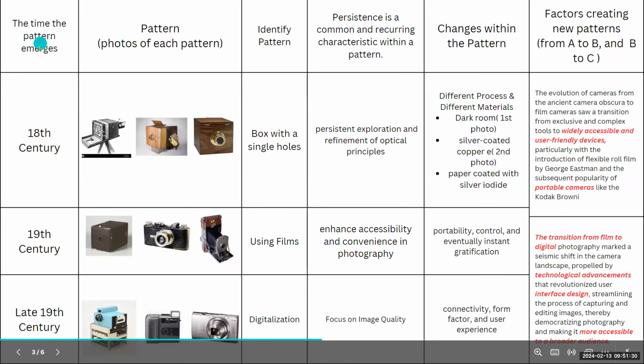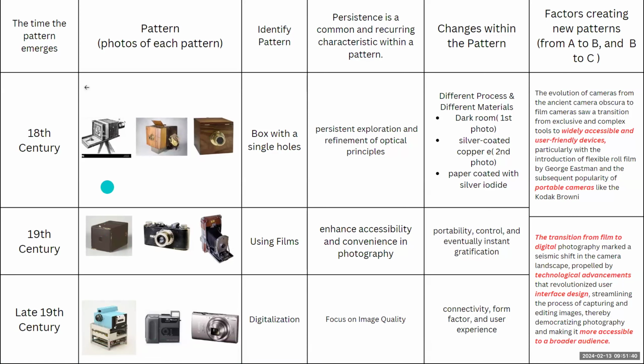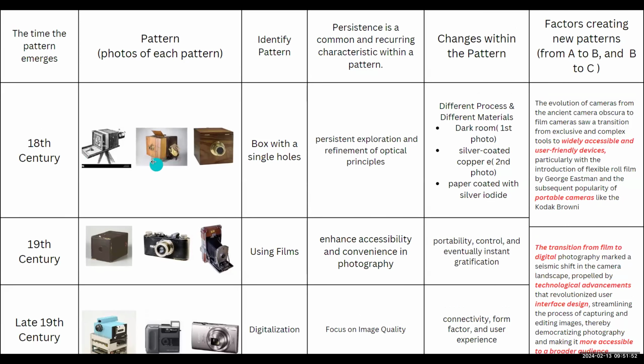In the first pattern, there is the state of the earliest cameras. In the earlier state, we can see the Asian camera category. They have the same pattern: a pinhole, a single hole to pass the light through.